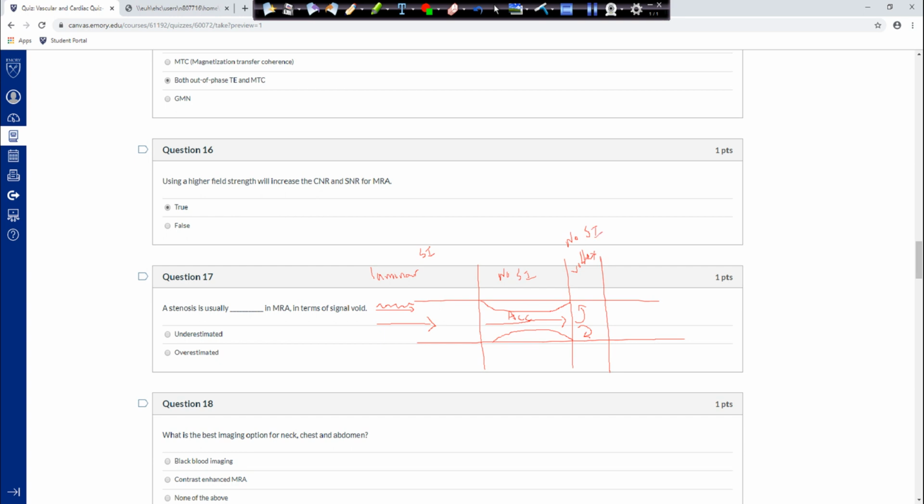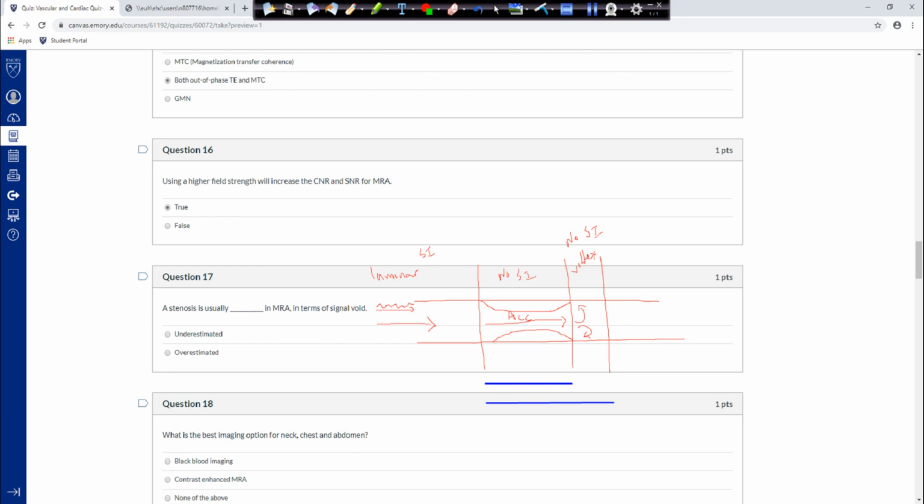So here is the actual stenosis, in blue, this area right here. But on MRI or MRA, this is all of the area that we're going to get that's no signal or signal void. So this is what is actually going to be dark.